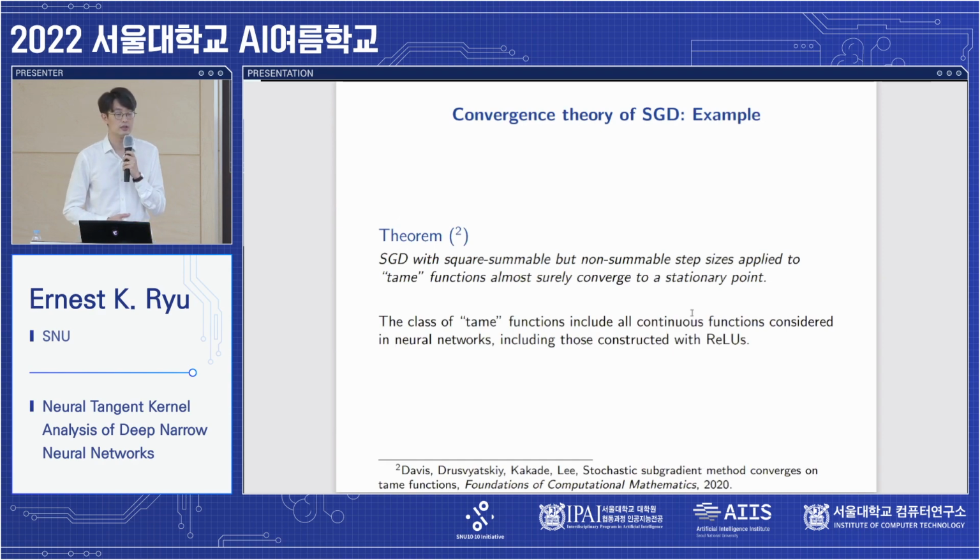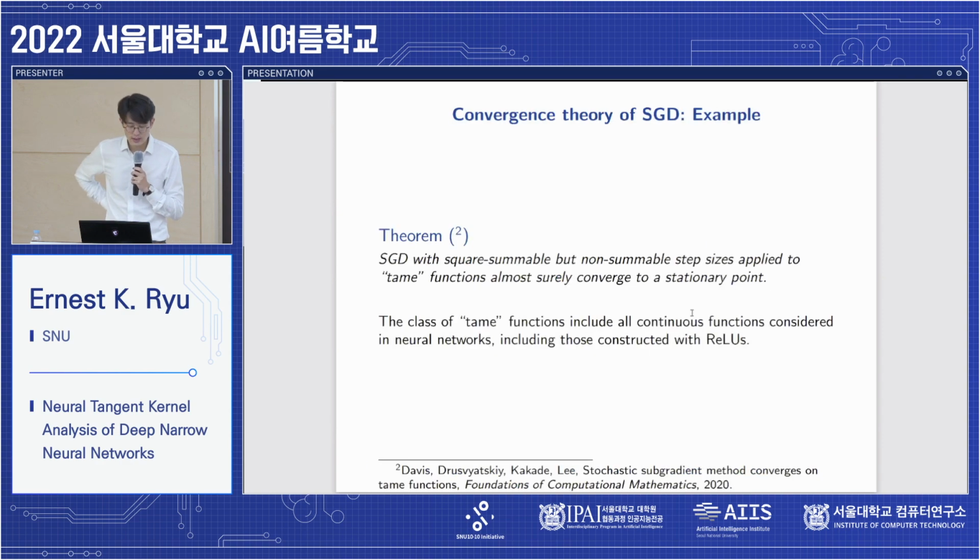I won't bother to define what exactly I mean by tame functions, but all neural networks are basically tame functions. Tame functions are built with smooth or piecewise smooth functions. So if your neural network uses the ReLU activation function, it's not differentiable at the corner, but it's still a tame function. You can use SGD, and it will converge to a stationary point, a local minimum, if you use a certain decaying learning rate.